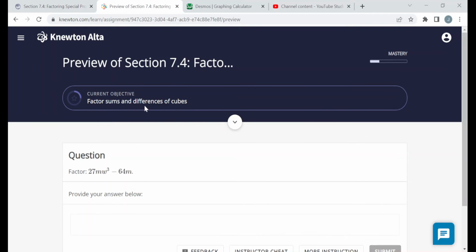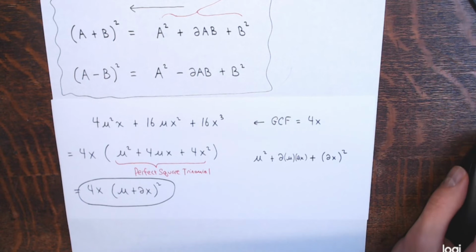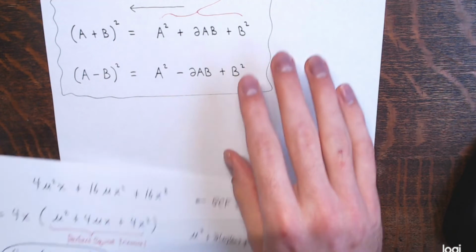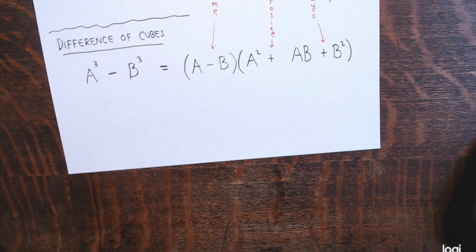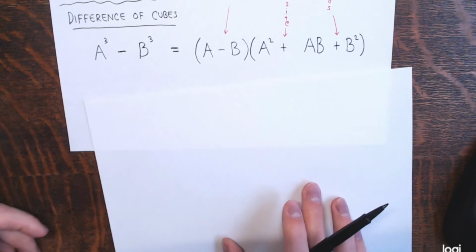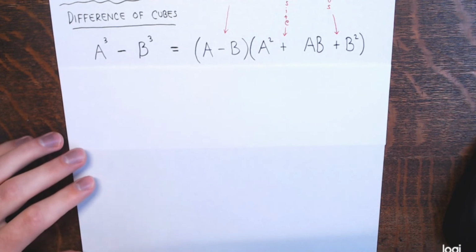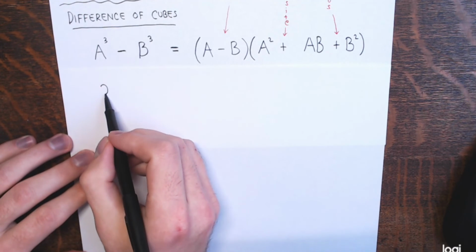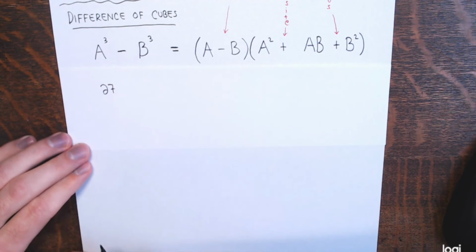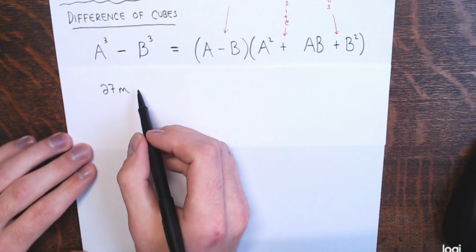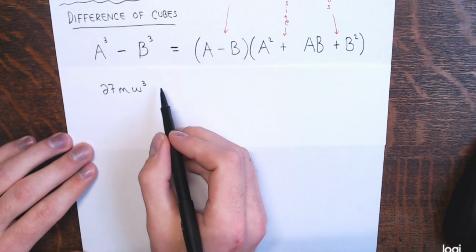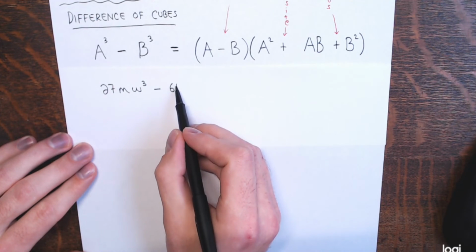Alright, so back to sums and differences of cubes. Here I got a minus sign, so I'm probably going to be dealing with a difference of cubes eventually. Alright, so let me bring that page back with the difference of cubes on it. But this time again, you got to pull out a GCF first. This is 27 times m times w cubed minus 64m.